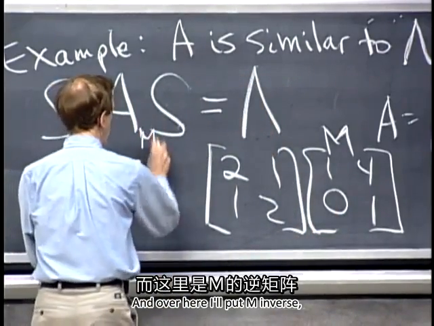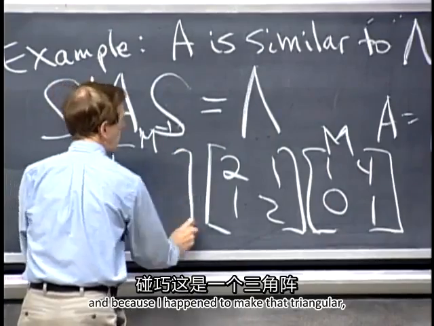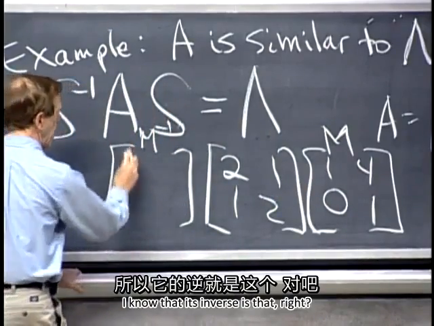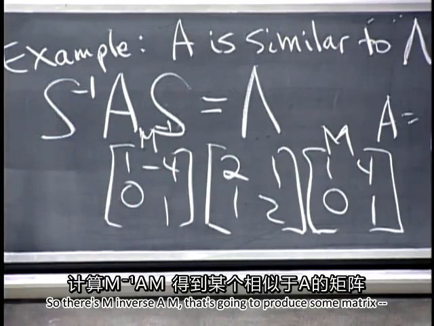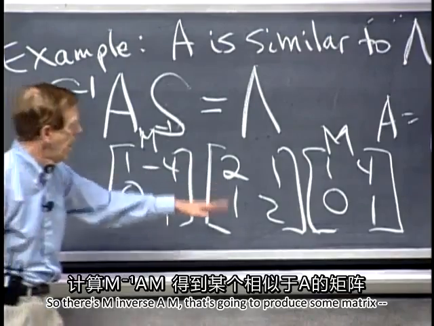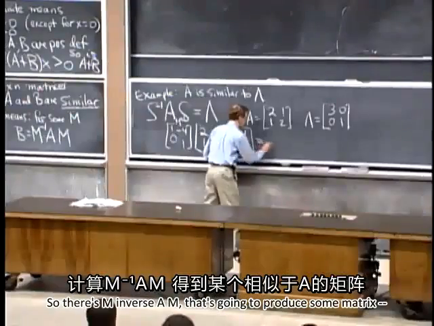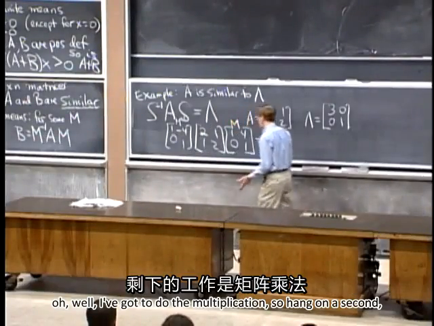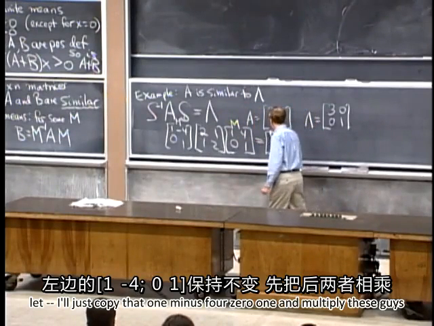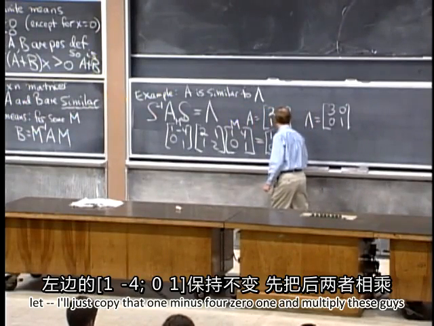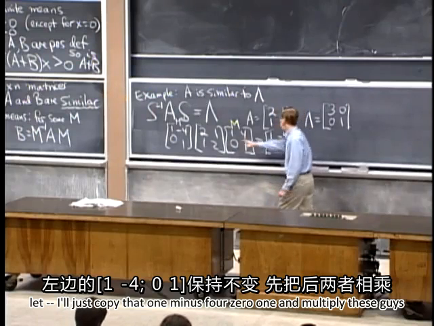And over here I'll put M inverse. Because I happen to make that triangular, I know that its inverse is that. So there's M inverse AM. That's going to produce some matrix. I've got to do the multiplication, so hang on a second. I'll just copy that 1, minus 4, 0, 1 and multiply these guys.